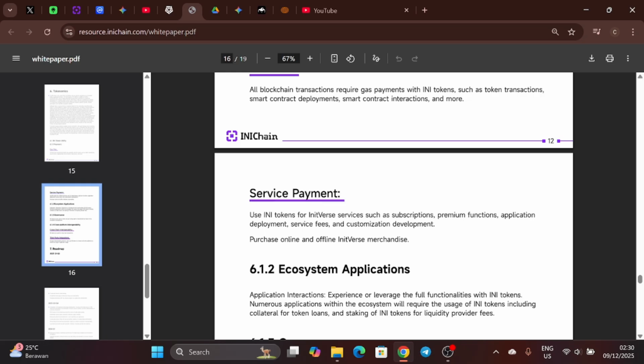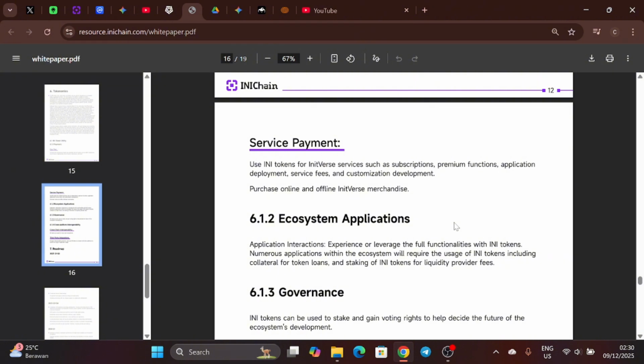Service payment. Use INI token for InitVerse services such as subscription, premium function, application deployment, service fees, and customization development. Okay, this is the type of service payment that they charge using INI.